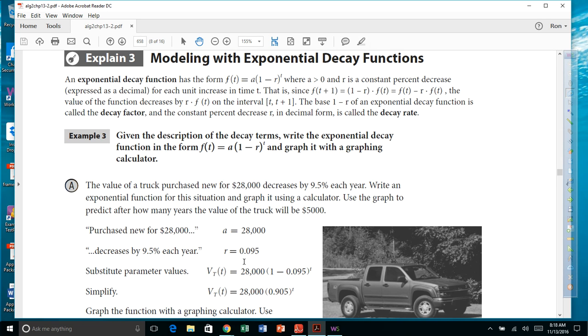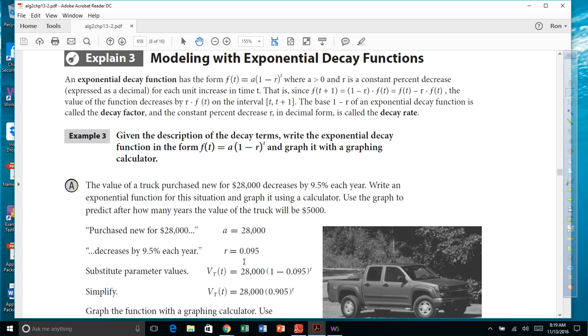That is, since f of t plus 1 equals 1 minus r times f of t equals f of t minus r times f of t, the value of the function decreases by r times f of t on the interval t plus 1. The base 1 minus r of an exponential decay function is called the decay factor.